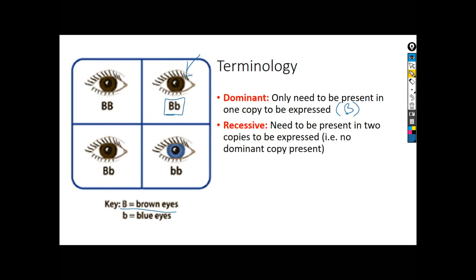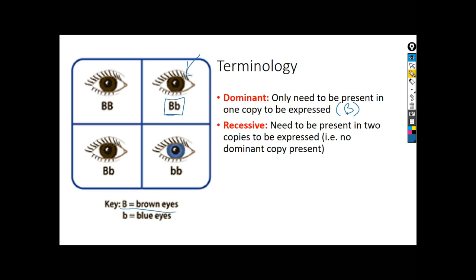It tends to cover up what everybody else is doing. And that's what dominants do best, right? They cover up everything else. When you see a dominant, you know it's covering up, it's masking everybody else.